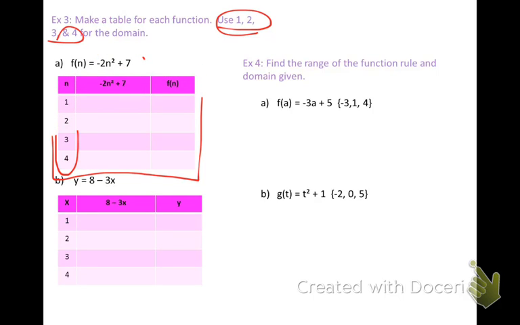So I've got my box ready. So they told me the numbers to use. So 1, 2, 3, 4. So I'm going to plug them in. It's going to be -2 times 1 squared plus 7. And that will be -2 times 1 is -2. Plus 7 is 5.